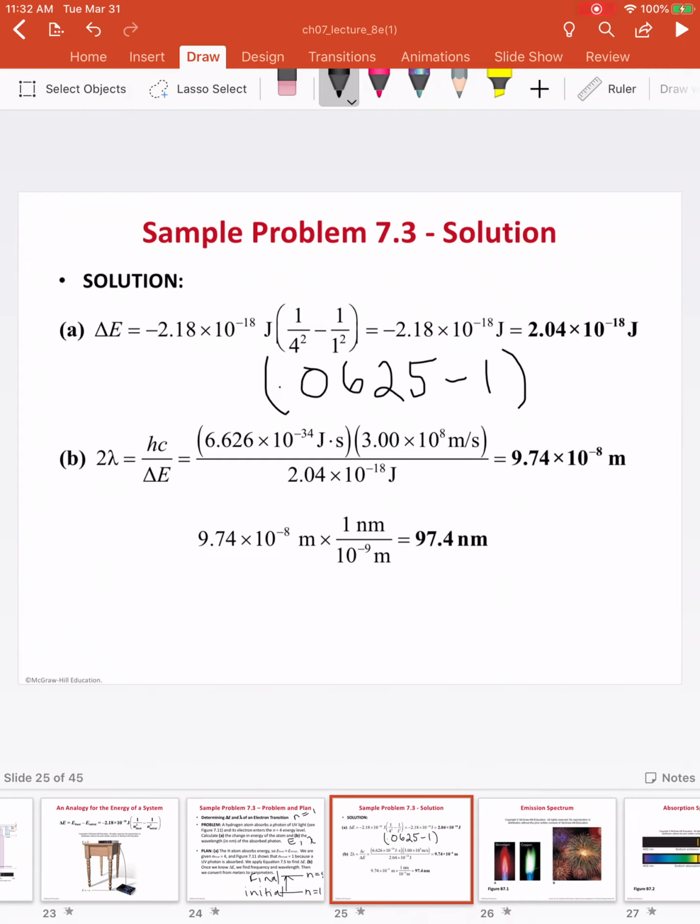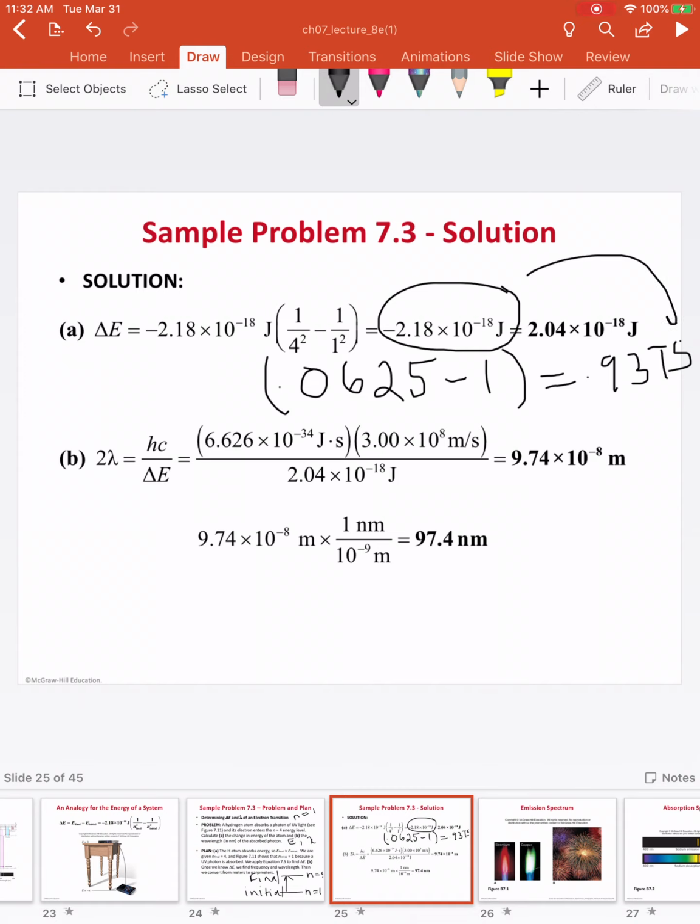So that will give you 0.9375. This number you need to multiply by this number.